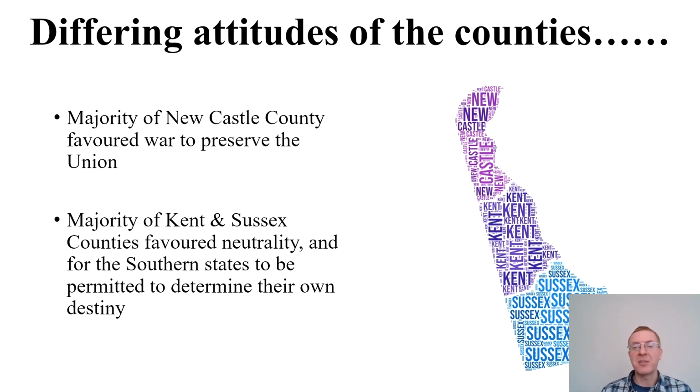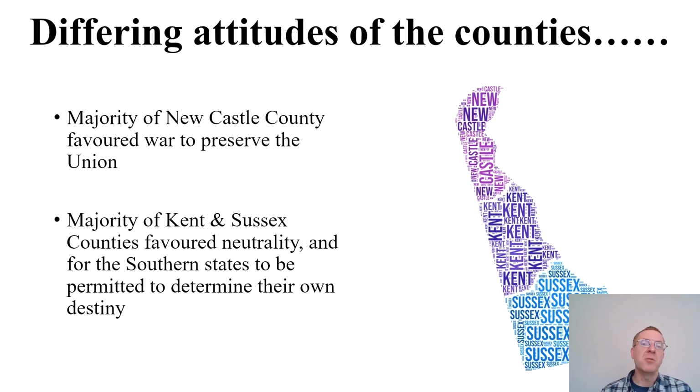But Kent and Sussex counties, further to the south, they very much favor the state not getting involved, not joining the Confederacy, but neutrality. And there's also a very common sentiment in Kent and Sussex counties that the Confederacy should be able to determine their own destiny, that they should not have to fight for independence. It should be honored.